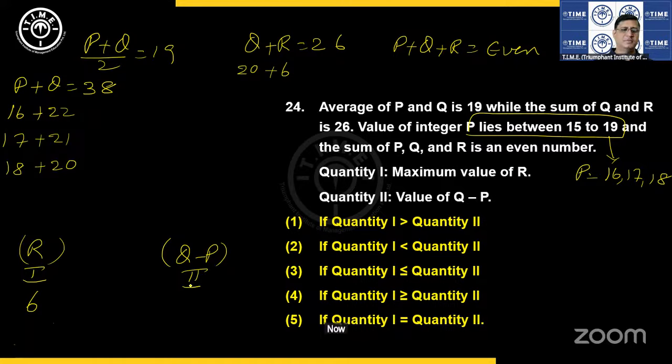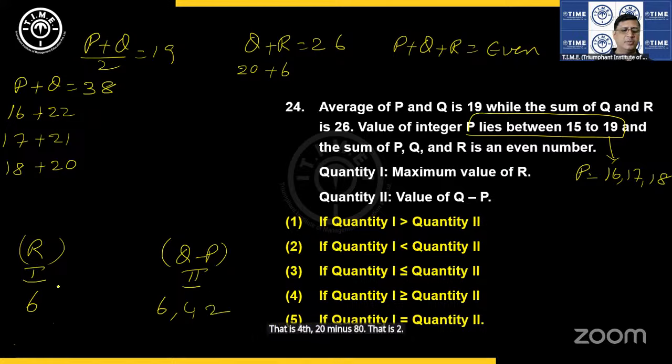Now Q minus P. Q minus P means 22 minus 16, that is 6. 21 minus 17, that is 4. 20 minus 18, that is 2.